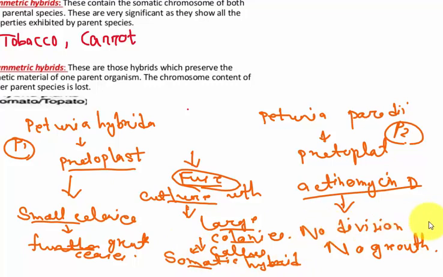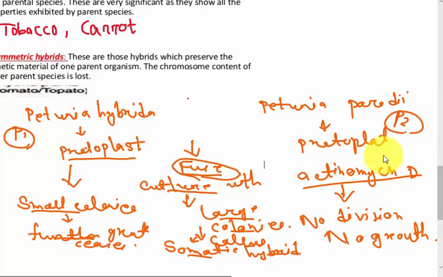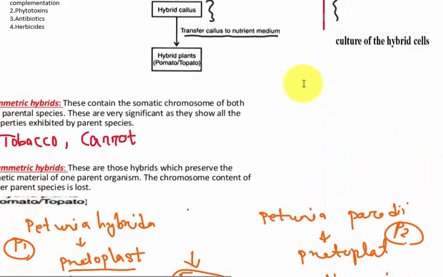Next comes the types of hybrids, as I already mentioned: one is the symmetric hybrid and one is the asymmetric hybrid, right?